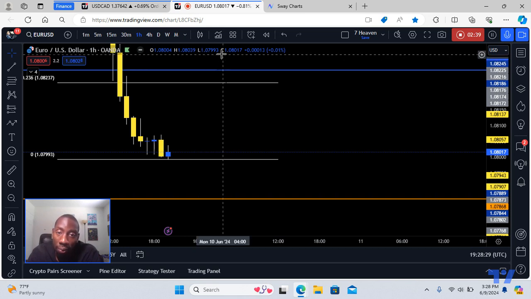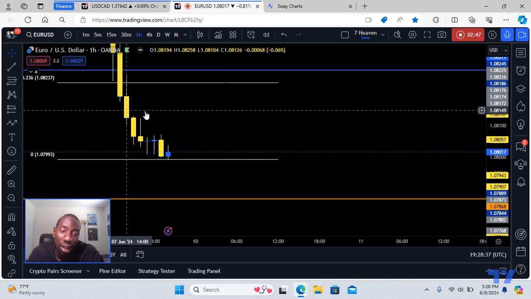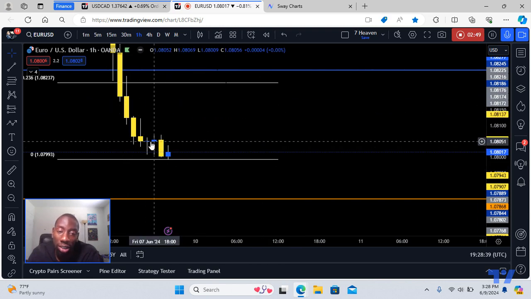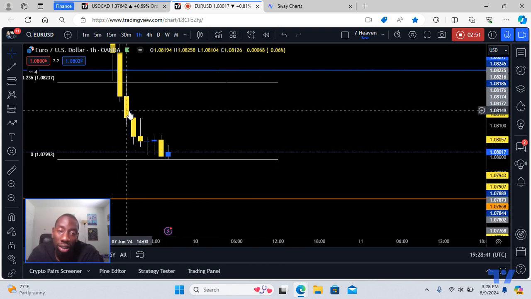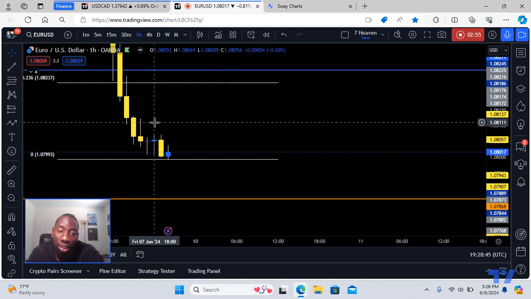You have the low and the close. Open, high, low, close. Each candle, as I move my cursor around to each different candle, gives you different numbers.